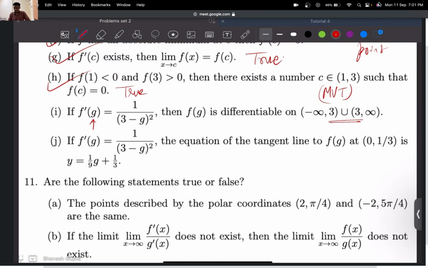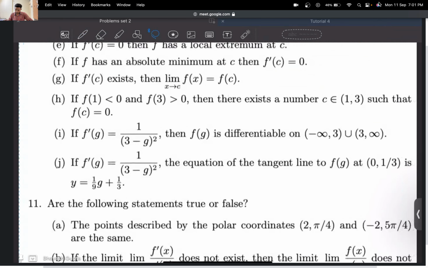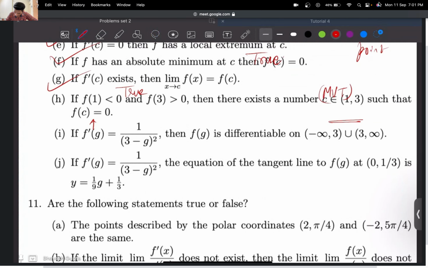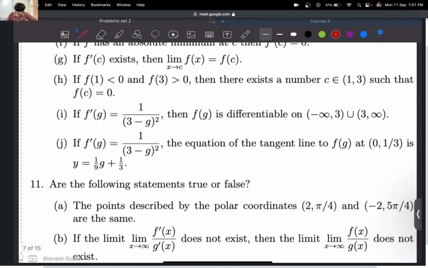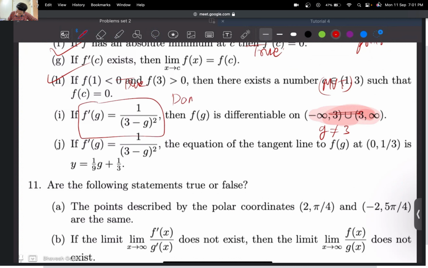And the reason behind that is because g is not equal to 3, and if you check the domain of this function, it turns out to be g belongs to R except g equal to 3.